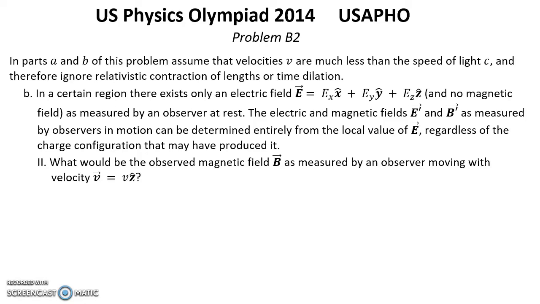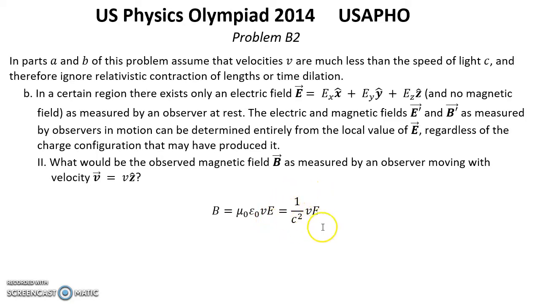That is, an electric field in the z direction causes an observer moving in the x direction to observe a magnetic field in the y equals z cross x direction. Furthermore, the magnitudes of the fields satisfy the equation B equals mu 0 epsilon 0 vE, or we can replace mu 0 epsilon 0 with 1 over c squared.